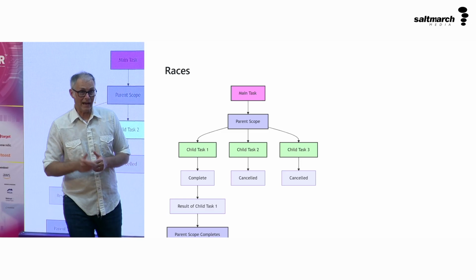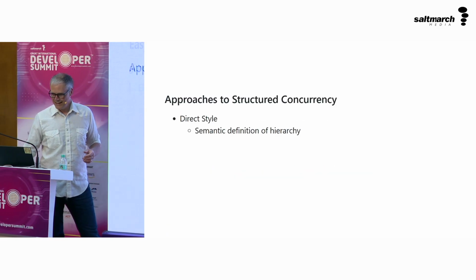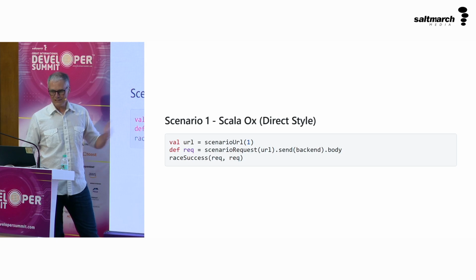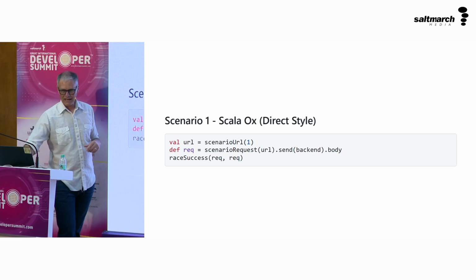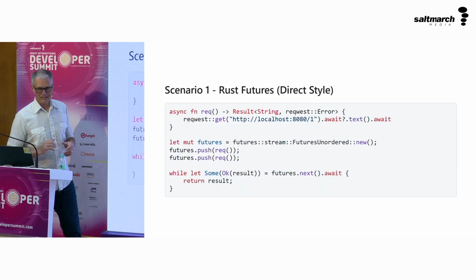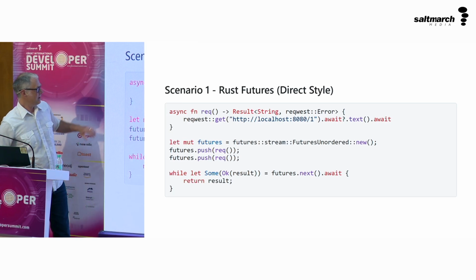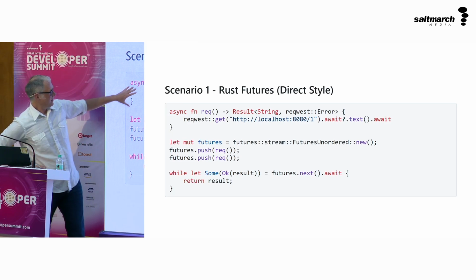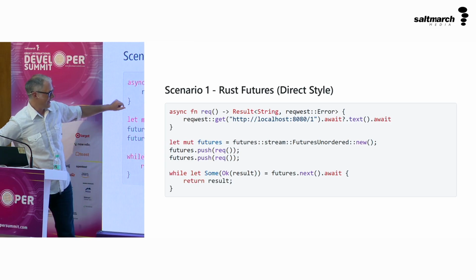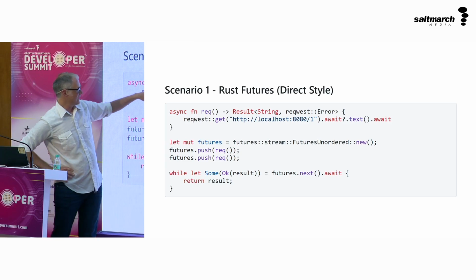For Java? Yeah, let's get into Java. Good segue here. Okay, so we saw the Scala Ox one, direct style. Let's look at another direct style with Rust, and then I will get to Java in just a minute. With the Rust one, we've got our function that's going to make our request. It's an async function.